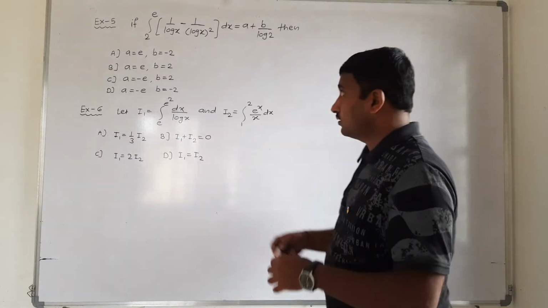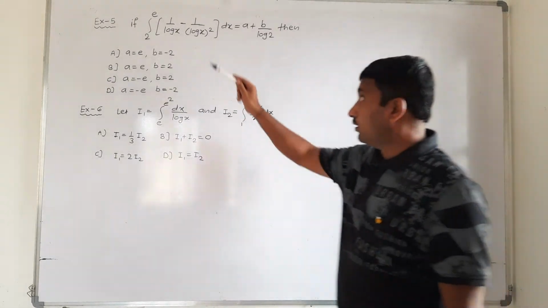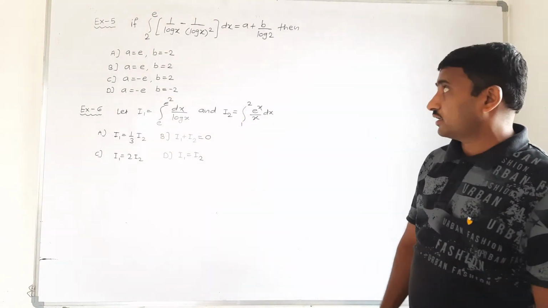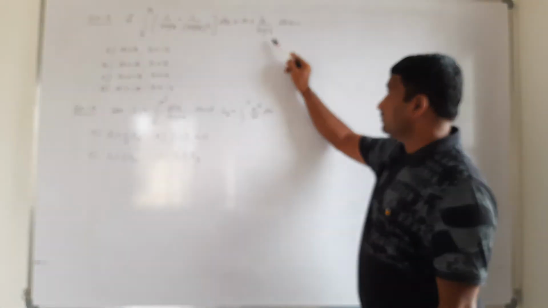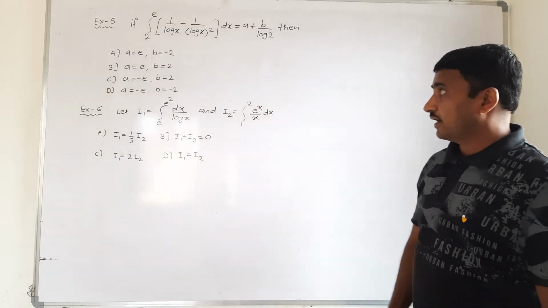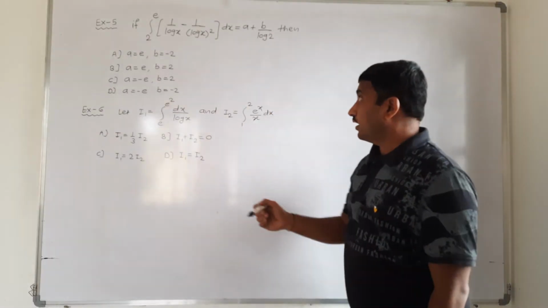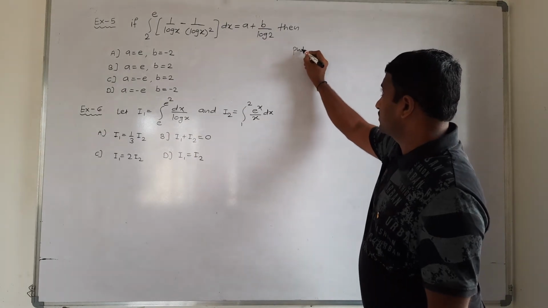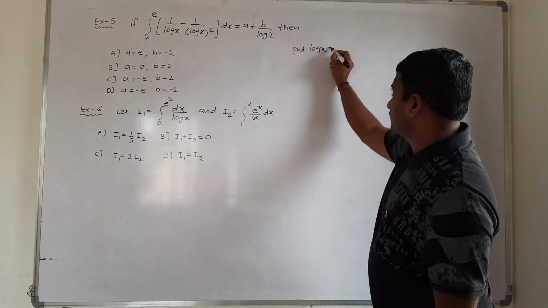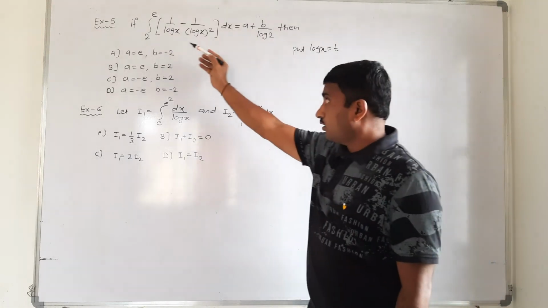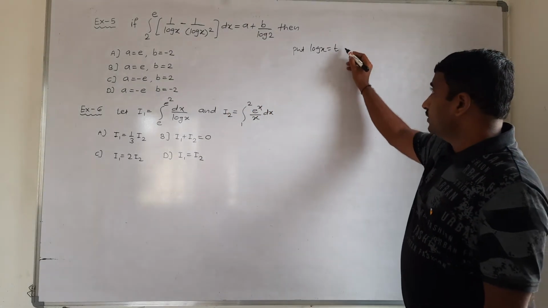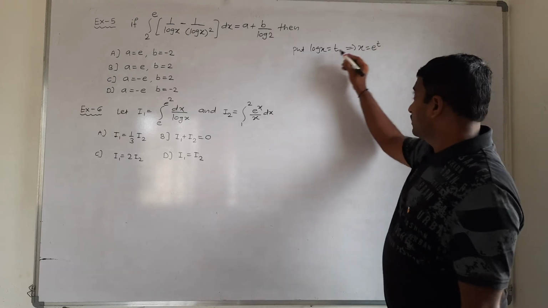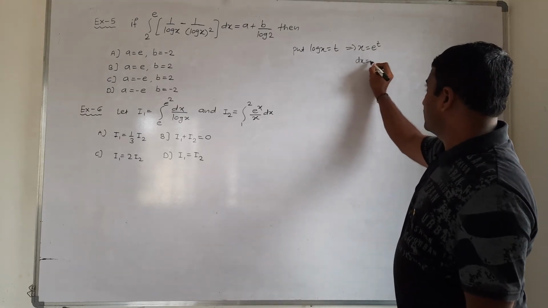Next example: if integration from 2 to e of the bracket 1 by log x minus 1 by log x square dx is equal to a plus b log 2, then the values of a and b are asked. Now I put log x equal to t in this. Then x equal to e raised to t, and dx is equal to e raised to t dt.